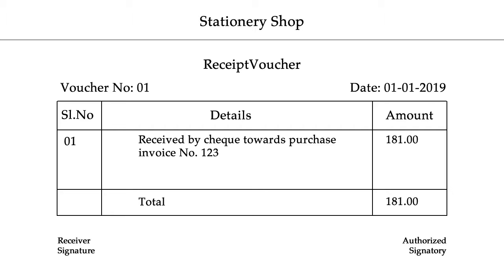As any check or DD is always deposited to a bank, the amount is directly transferred to the bank. Usually all trading companies or businesses in India have a current account. So let's say we have a current account and the check is deposited to that current account.